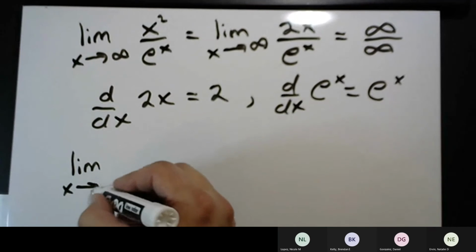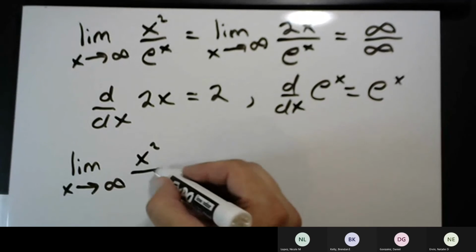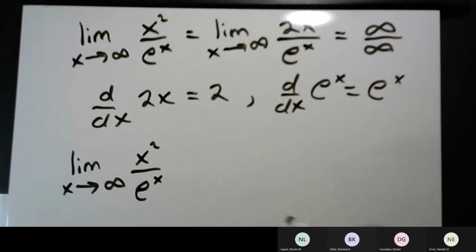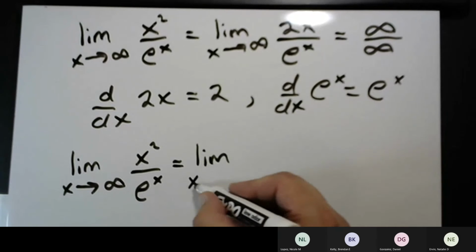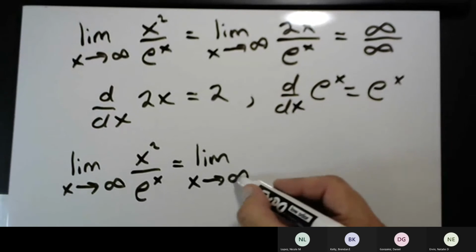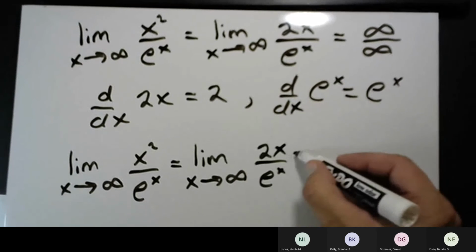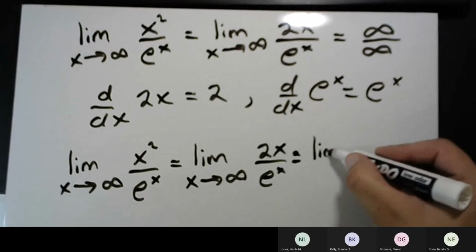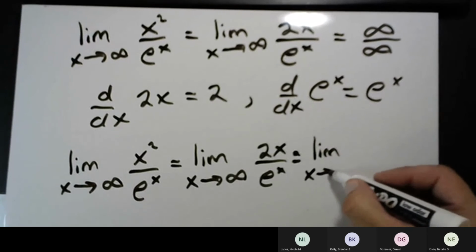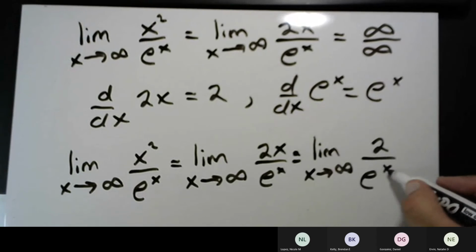So the limit as x goes to infinity of x squared over e to the x equals the limit as x goes to infinity of 2x over e to the x, which is the limit as x goes to infinity of 2 over e to the x.